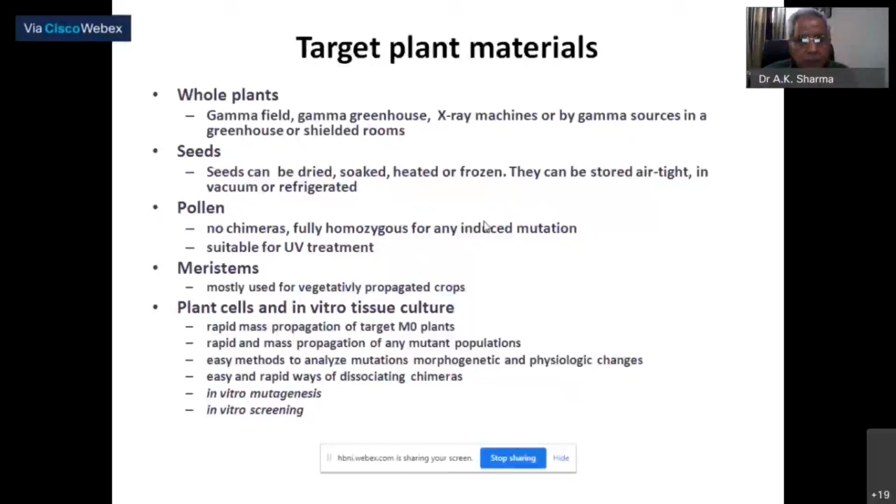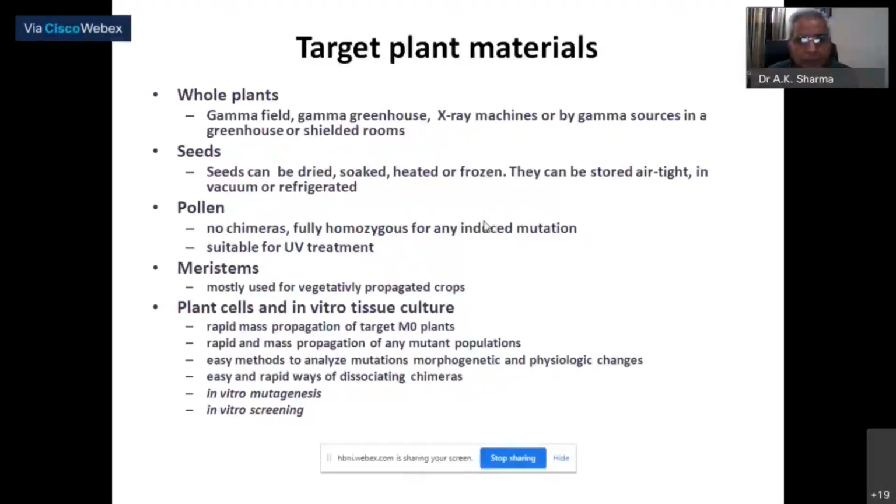So you can use meristems, especially for vegetatively propagated crops. After irradiation, you might grow them, and see that you get mutations, and you get different phenotypic or morphological changes. But these are chimeric. They are not very clear cut, that in the next generation, whether you will get to see all those changes continuously. So many times these changes are not permanent, as in the case of seeds or pollen.